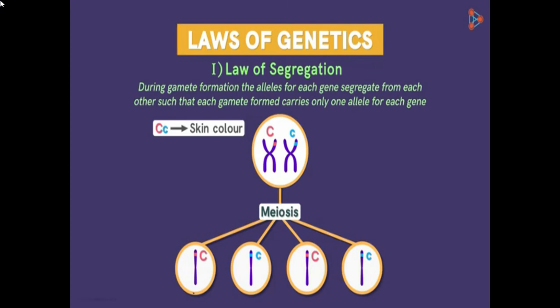So here, 2 cells will have capital C and the other 2 cells will have the lowercase c allele. Thus, each gamete gets only one allele. To summarize, we can say that the alleles for a gene segregate during gamete formation. To be honest, this law sounds very obvious to us now.